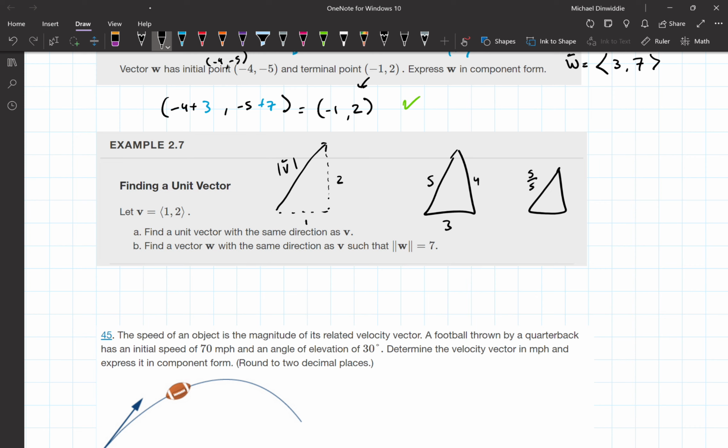We're going to do the same for all the other sides. 4 divided by 5 and 3 divided by 5 gives you two sides, which when you do the Pythagorean theorem, square root of (4/5) squared plus (3/5) squared. You can do the math as a check just to make sure you understand it, but if you do this and you do the square root of it, you're going to end up with 1, which is super duper cool.